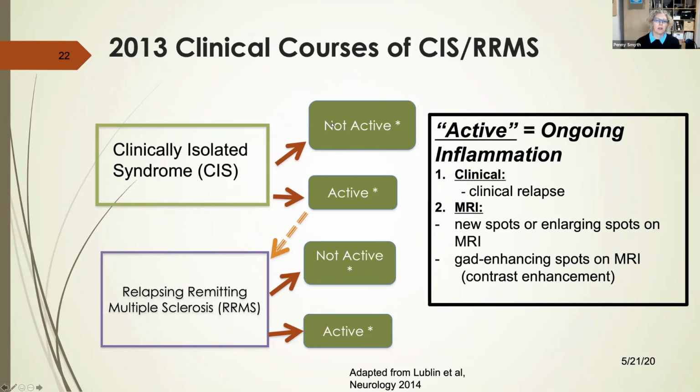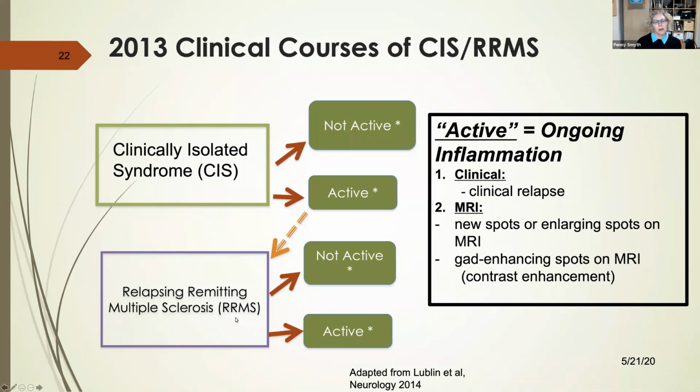And when they're stable, we call them not active. But as soon as they're active, meaning that they have new lesions on MRI or new clinical relapses, then we reclassify them as relapsing remitting MS. And I should put another little arrow in there saying that if we do CSF on them and they have oligoclonal banding, sometimes we can move them right to relapsing remitting MS.